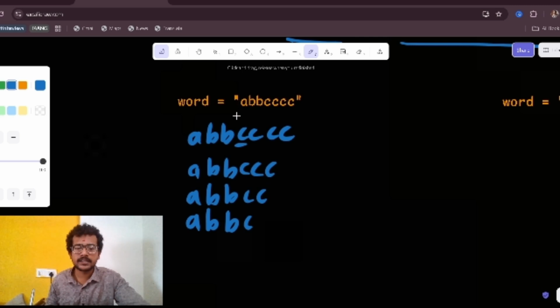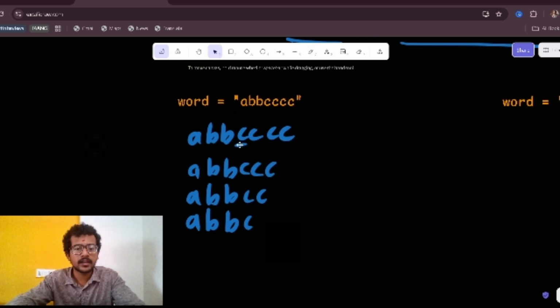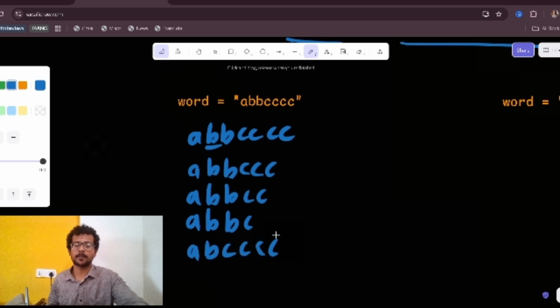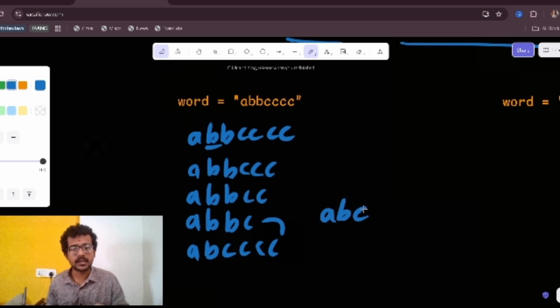Another thing I consider is that B might have to be typed only 1 time, but it has been typed 2 times. Now if I write that, A B C C C C. You might get confused about why we aren't considering this ABC. Why?